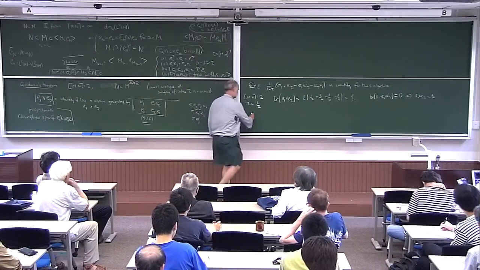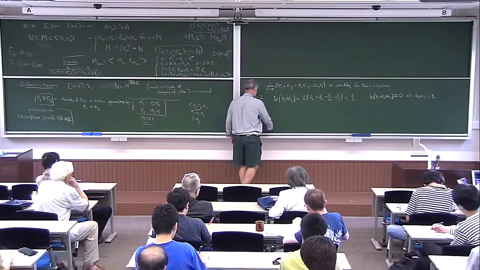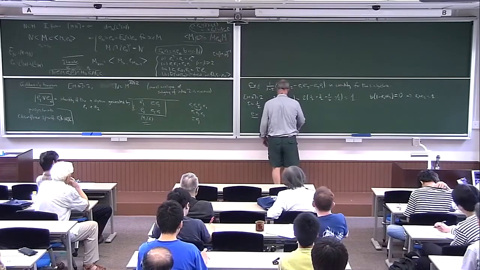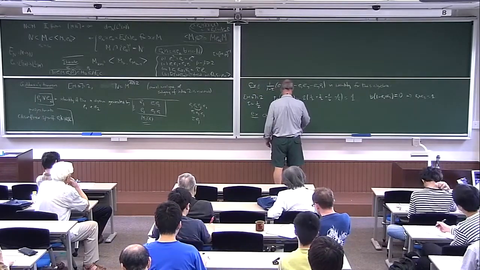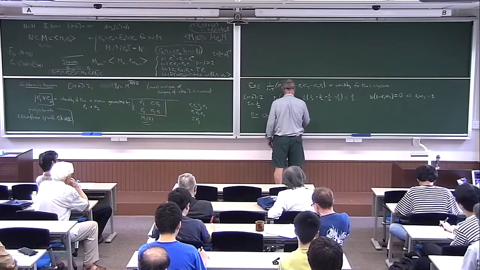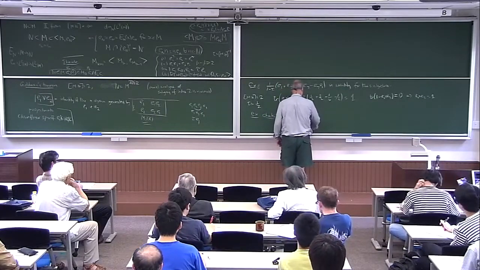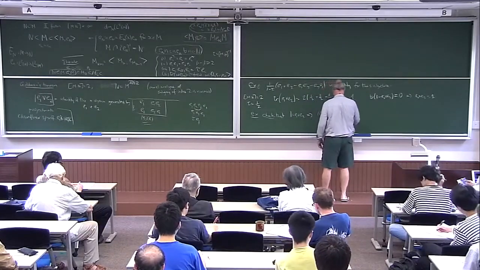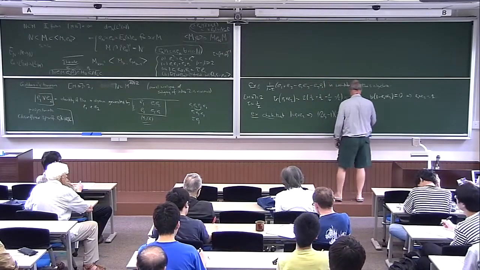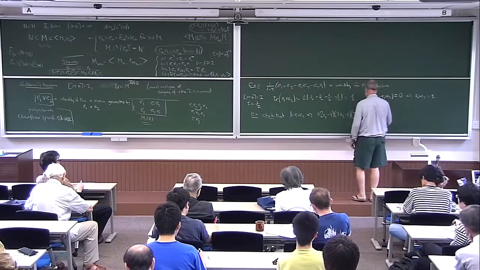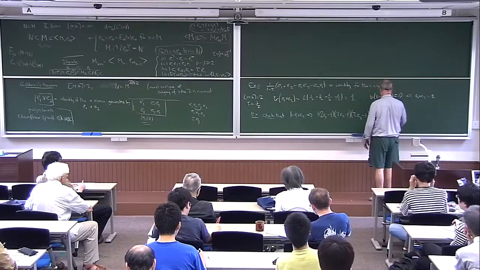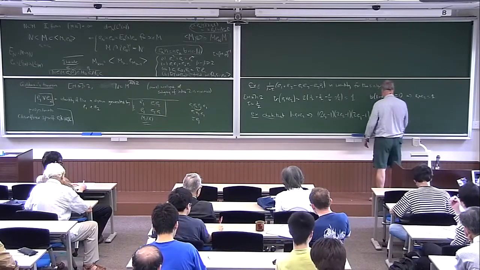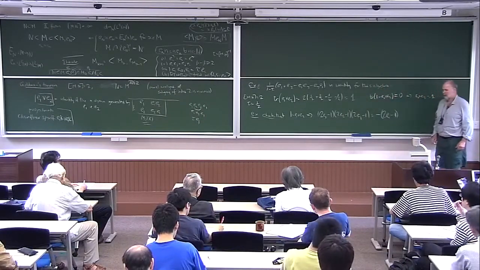Now here's another exercise. Just check that 1 equals E1 sup E2 implies that 2E1 minus 1 and 2E2 minus 1 anticommute.